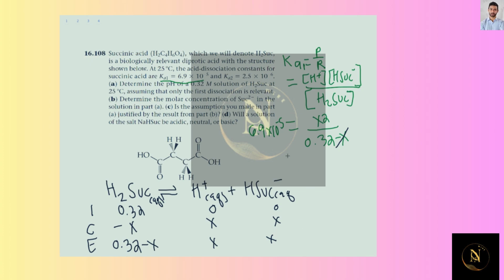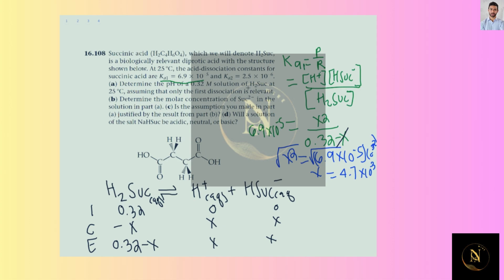So to find our x, we have x squared is equal to 6.9 times 10 to the negative fifth times 0.32. And then you just take the square root of both sides. And our x ends up being 4.7 times 10 to the negative 3.